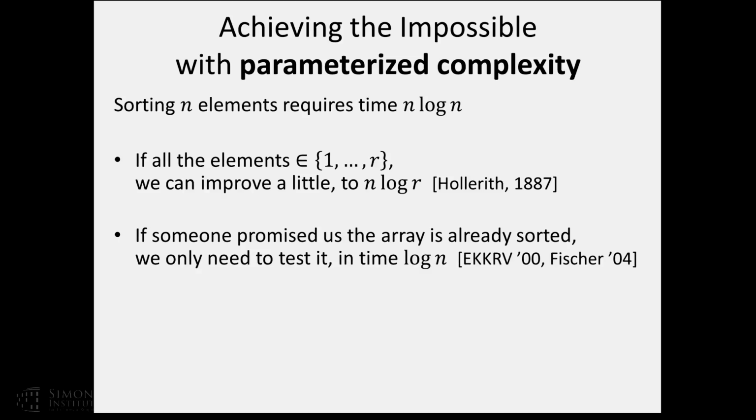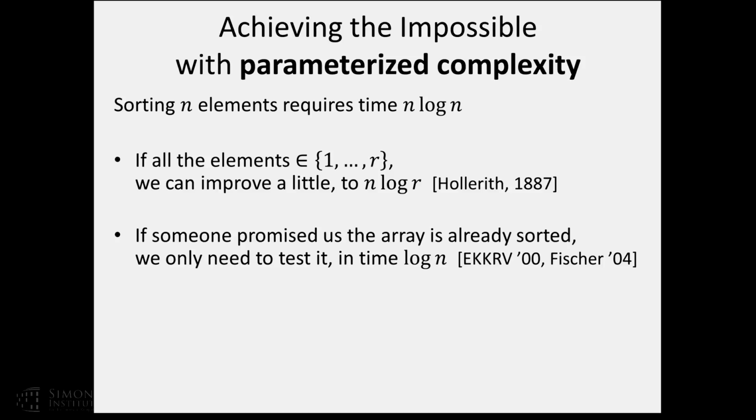Anyway, well, not exactly. If all the elements belong to some range like 1 to r, then you can actually do a radix sort. You can do it in n log r. It's from the 19th century apparently.